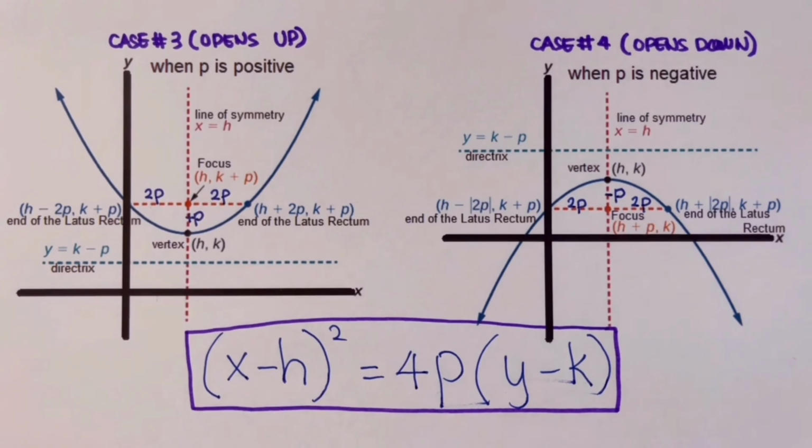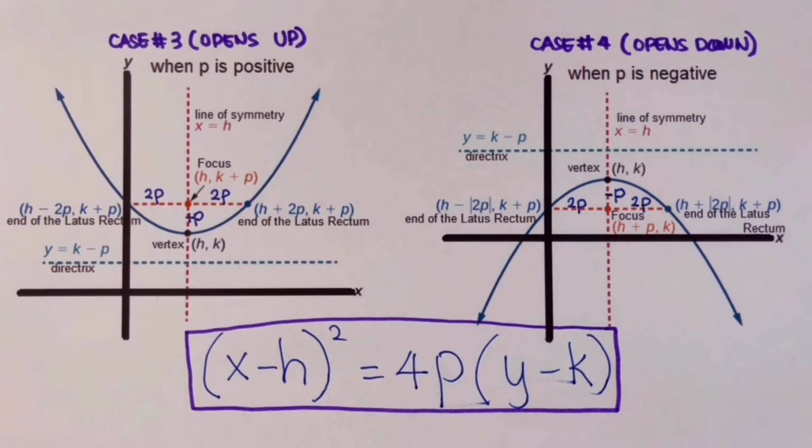Now let's determine the equation of the directrix. We remember that the directrix is located p distance from the vertex, opposite to the focus, so we can say that our directrix is located here.